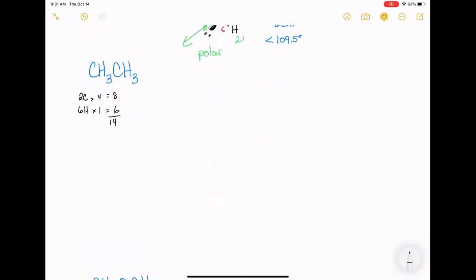This is the formula that allows you to go straight from the formula directly to the structure. So you have carbon, and it will be bonded to 3 hydrogens. That carbon will then be bonded to another carbon because carbon wants 4 bonds.